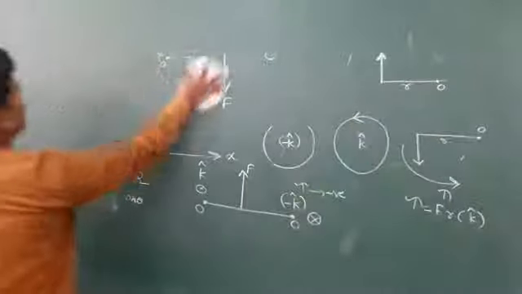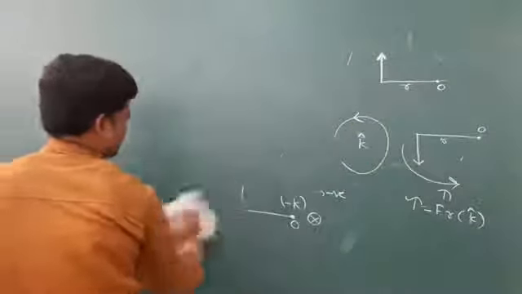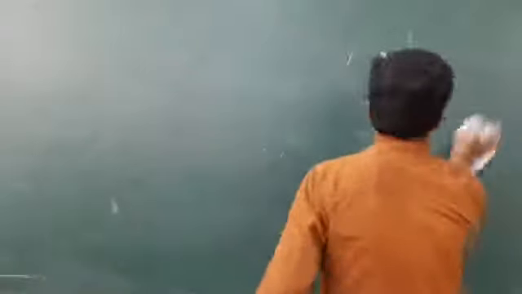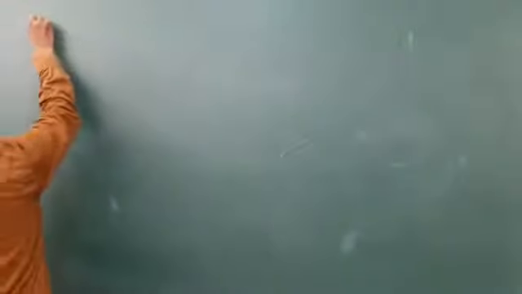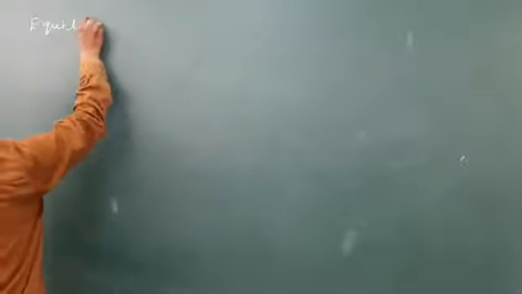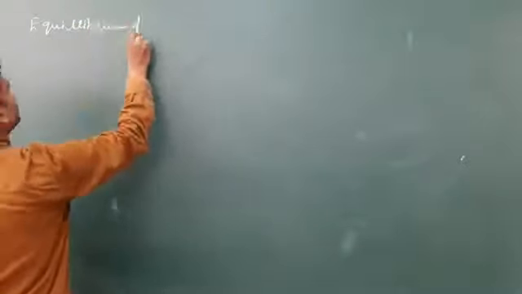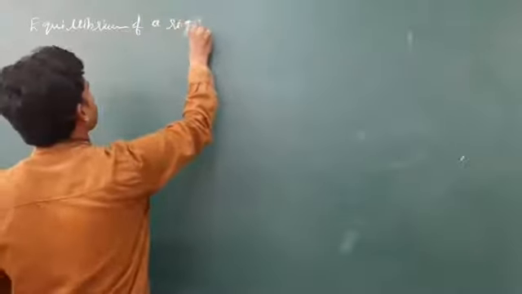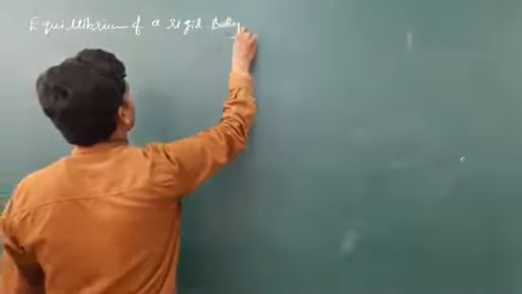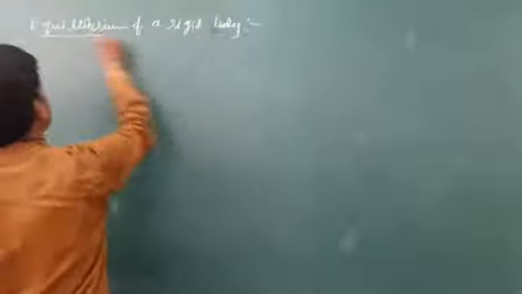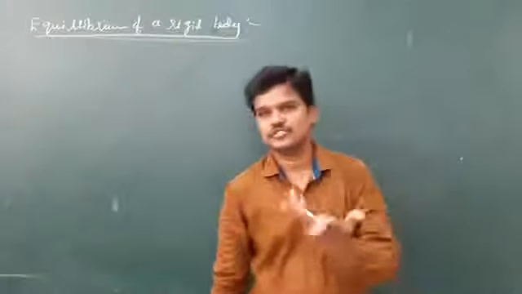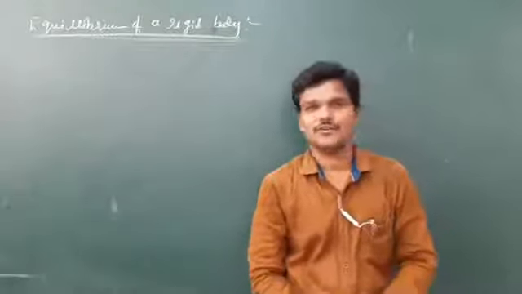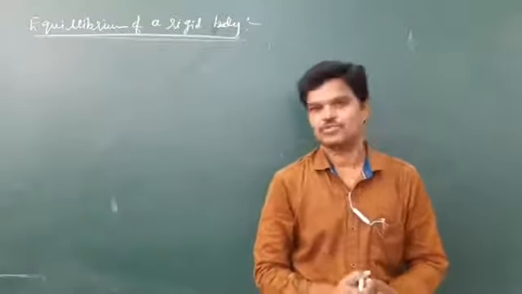Again, let me give some idea about the equilibrium concept. Next, based on equilibrium, we'll see some questions. So, equilibrium of a rigid body. Generally, the motion of a rigid body is a combination of translational motion and rotational motion.